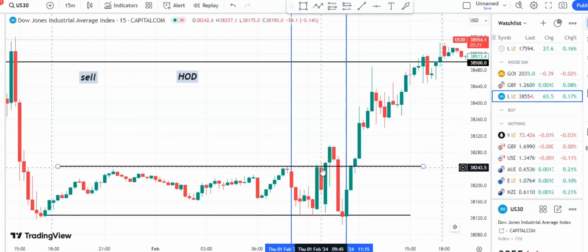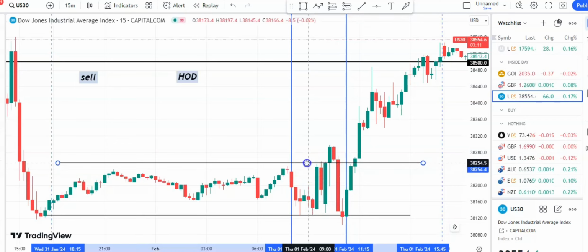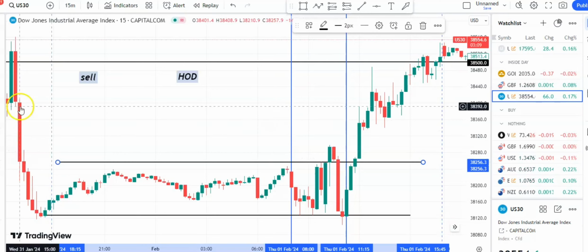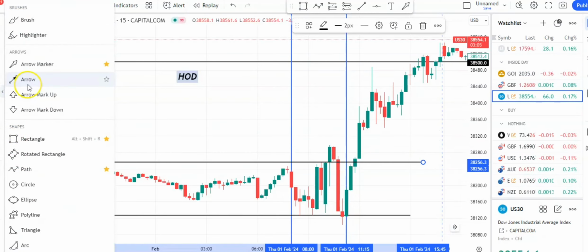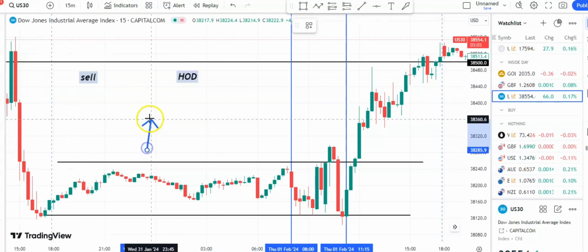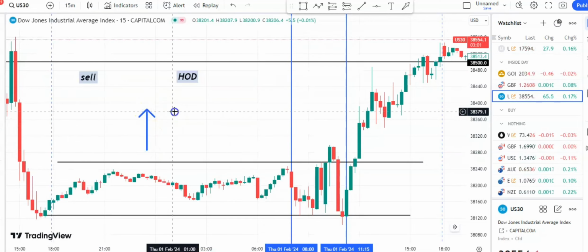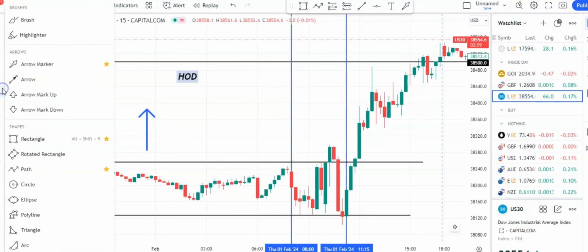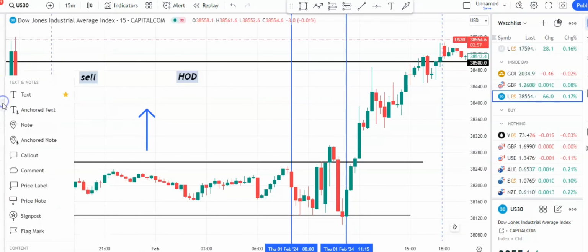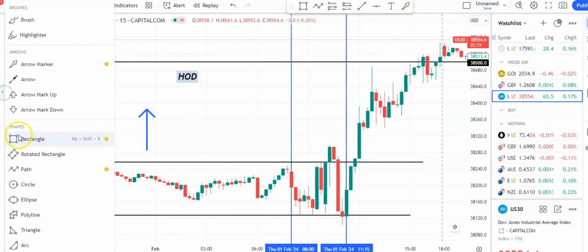A pin, whether it's on a daily candle or a 15-minute candle, a pin will always be an extension of the high. And this is just my theory based off of my experience looking at the markets. When we have a pin like that, price will always try to come back to that level.